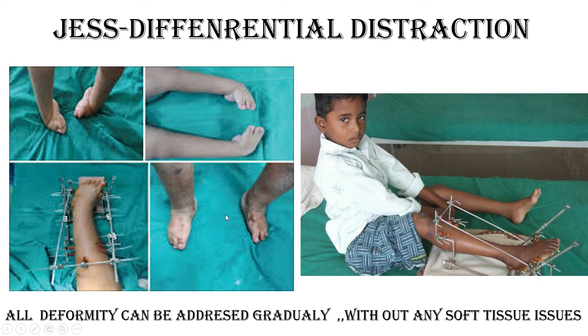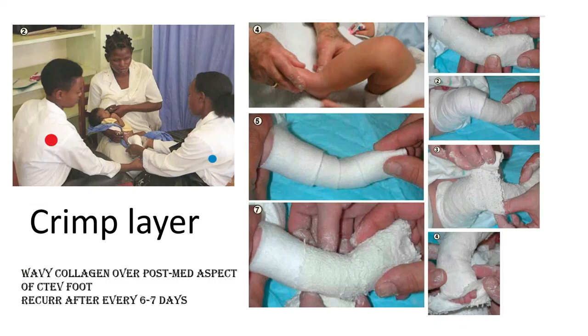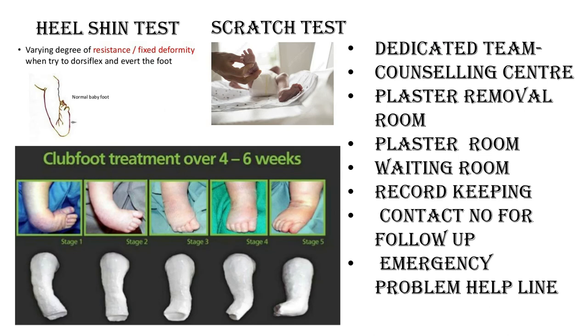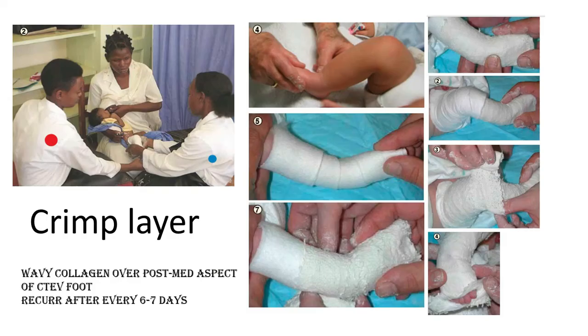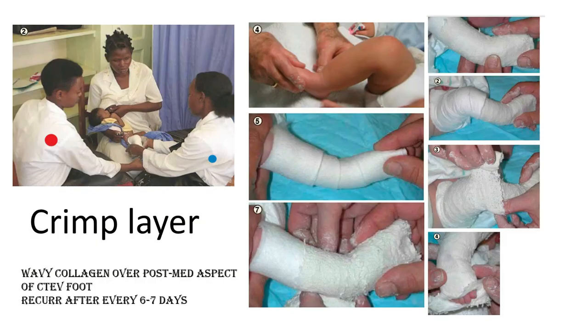Okay. And last word regarding CTEV. Suppose one child comes with this deformity in a relapse case, or in a neglected case. First, try to start passive stretching and the Ponseti method for at least 5 sittings.